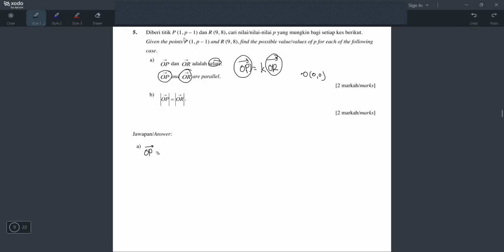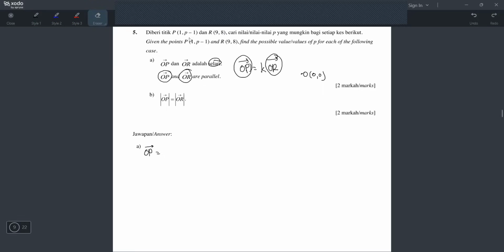And when you go to point P, I have to take the P coordinate minus O coordinate. You understand? Because if I'm going from O to P, I want the O to P vector, it means I have to take P coordinate minus O coordinate. But if I want P to Q, then I have to take the Q coordinate minus the P coordinate to get the vector, right? But what if I want P to R?